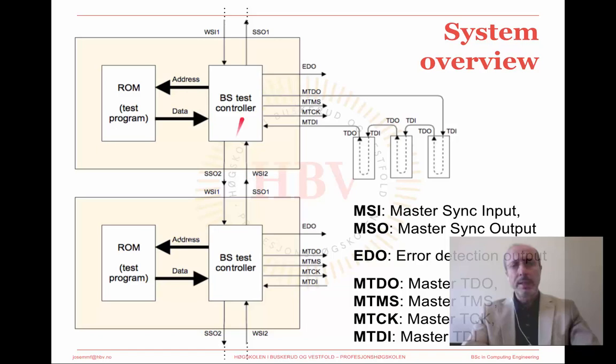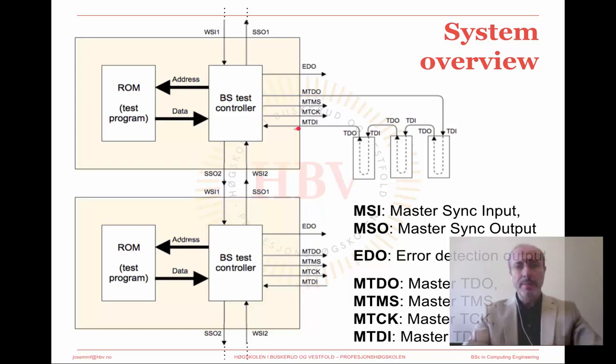This is an overview of a board comprising two boundary scan chains and the corresponding boundary scan controllers with their test programs stored in local ROM. Notice the names used because they will be referred to again in later slides. The word master or letter M preceding the pin name indicates the boundary scan controller side.